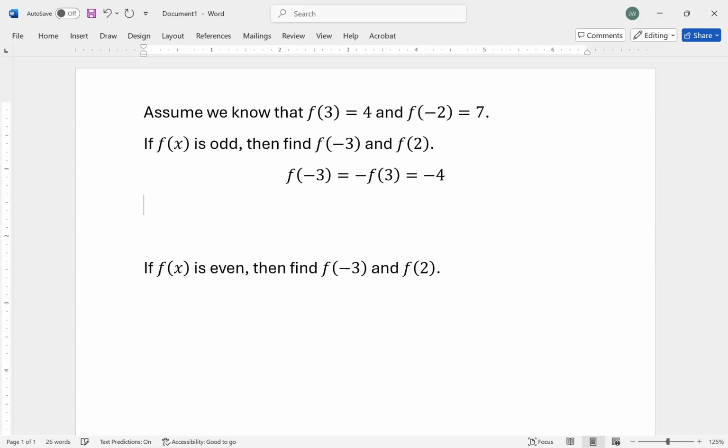The same thing is true if I do f of 2. If my function is odd, then I should get the negative of f of -2, which I know f of -2 gives me a 7. Therefore, I should get out a -7.